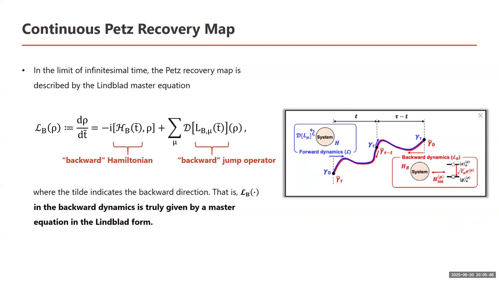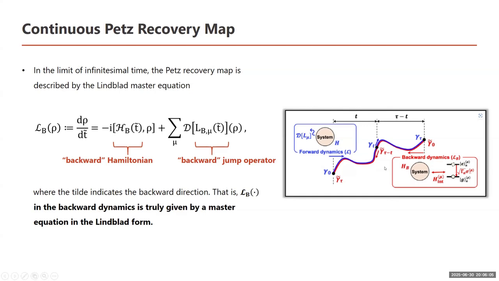The figure on the right shows the key point of the Petz recovery map. The forward dynamics is shown in the blue line, and it is described by the Hamiltonian H and the jump operators L mu.